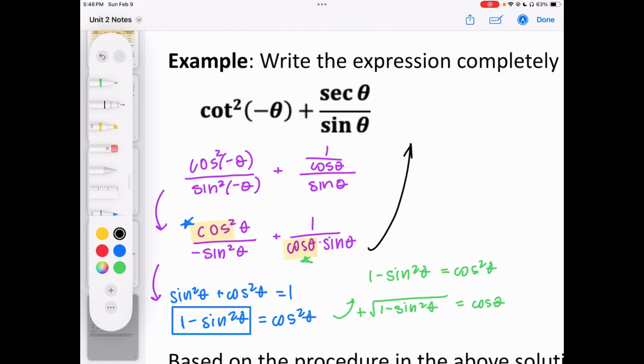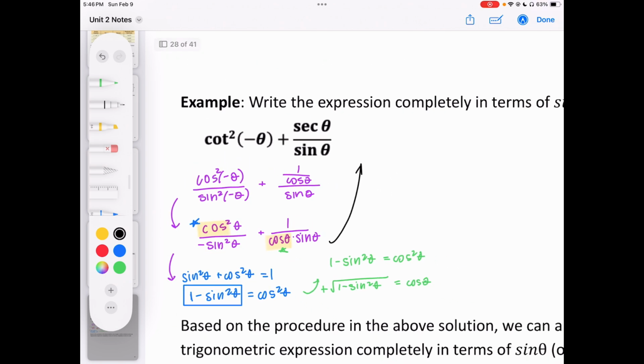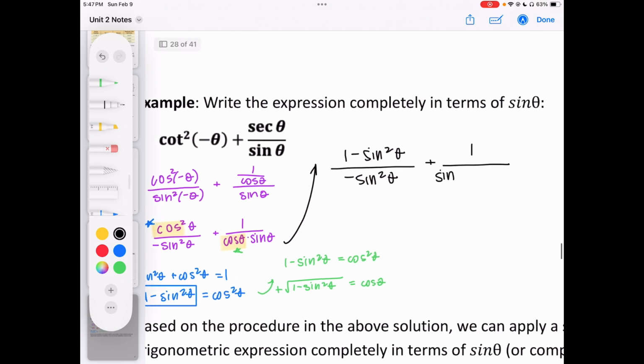So then my final expression that I could write would be 1 minus sine squared theta over negative sine squared theta plus 1 over sine theta times the square root of 1 minus sine squared theta.